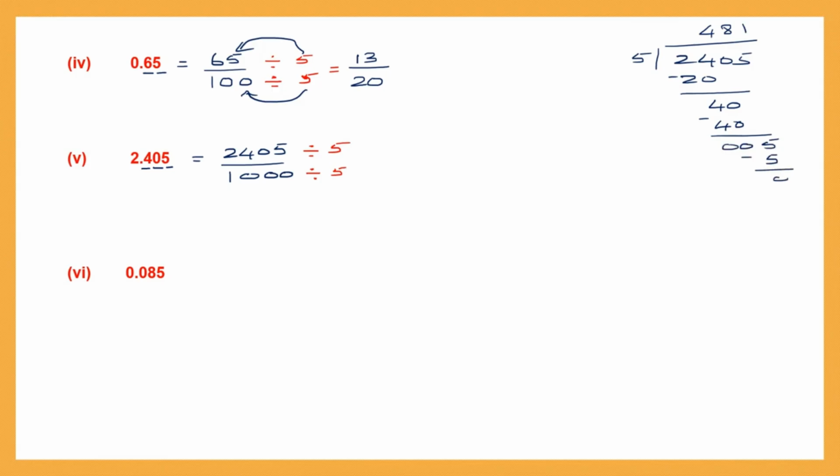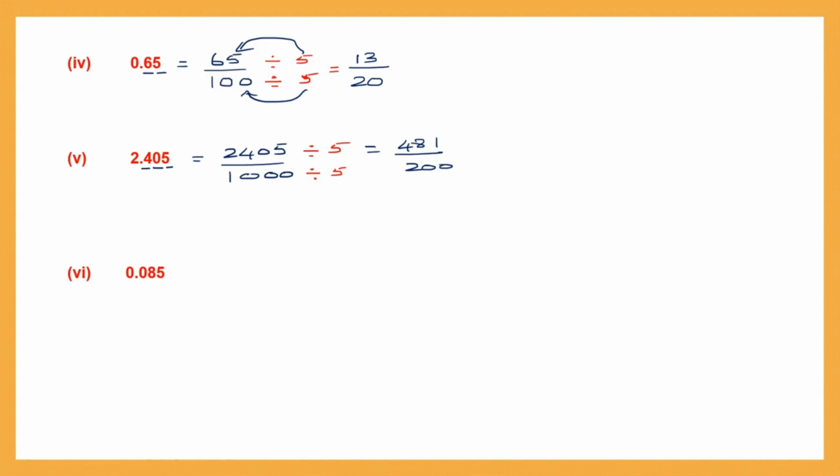So what do we have? 481. So in the numerator, we have 481 and in the denominator, we have 1000 divided by 5. 5 twos are 10, minus 0. So 1, 2, 2 zeros, we can put it on top. So we have 200. So what is our fraction? 481 by 200 is our fraction.